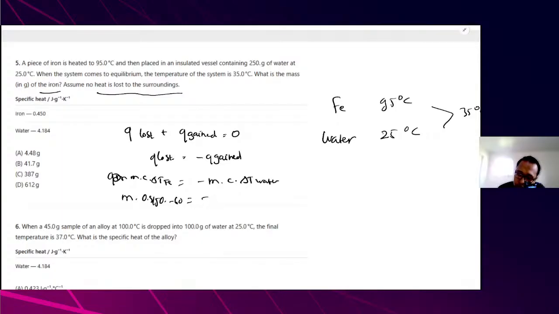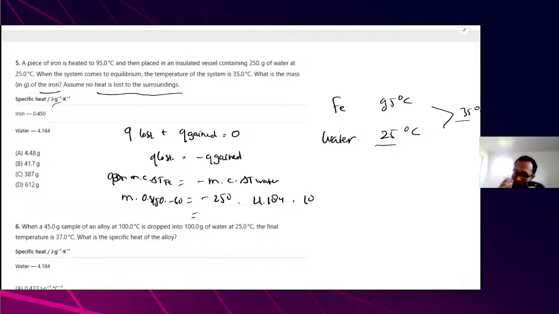And this one is 250 gram, remember? We don't need to convert it into others. And then C of water is 4.184, and delta T is the final temperature 35 minus the initial temperature 25, so 10.